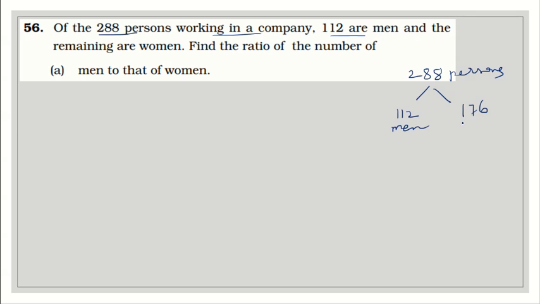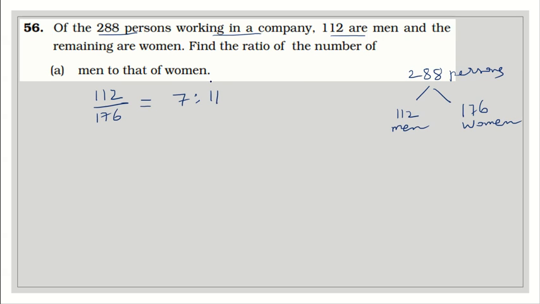So 176 women are there. That means the ratio between men and women is 112 is to 176. Now cancellation, here you can cancel and you will get 7 is to 11.